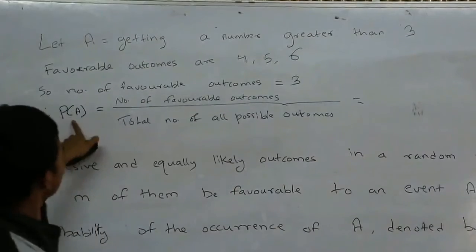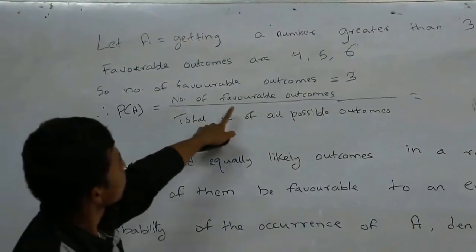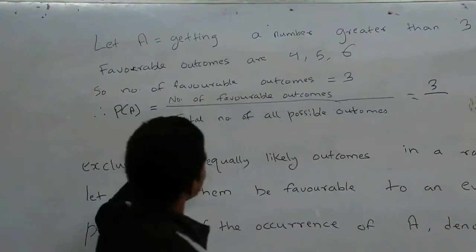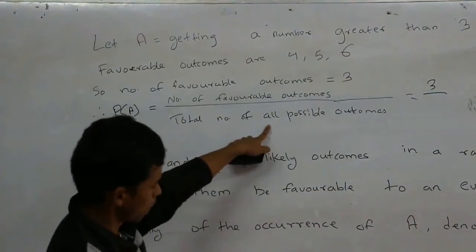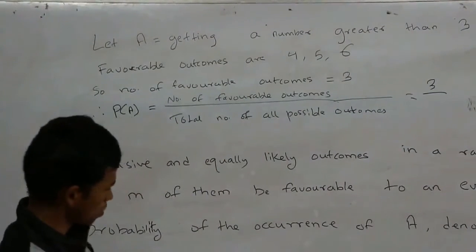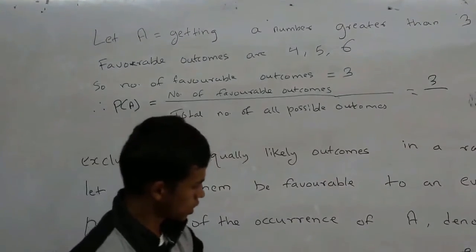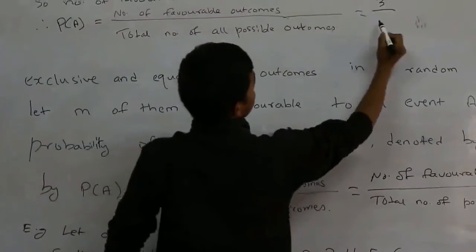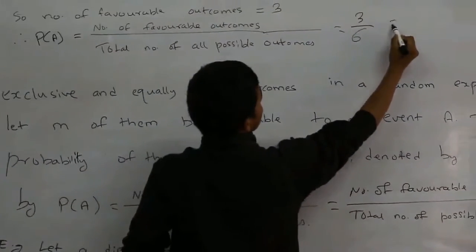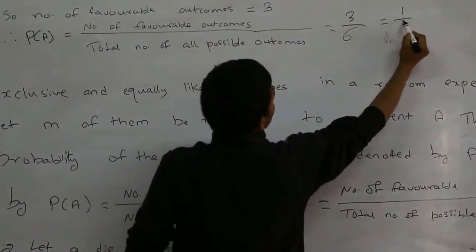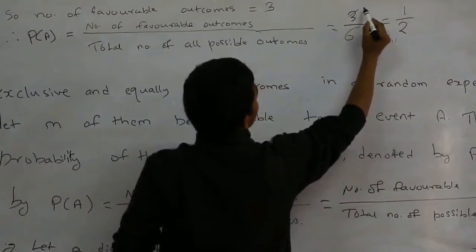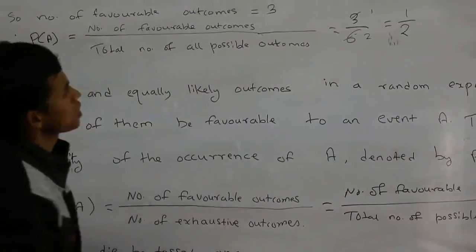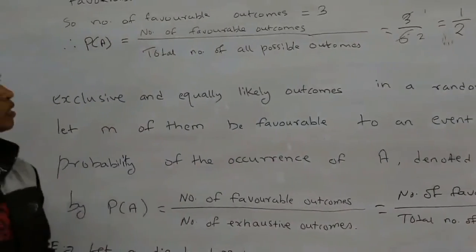So in this case, P(A) would be the number of favorable outcomes, which is 3, divided by the total number of all possible outcomes. These are all the possible outcomes, and there are 6 of them. So the total number of all possible outcomes is 6, which gives 1 by 2. You can divide 3 into 1, 3 into 2.